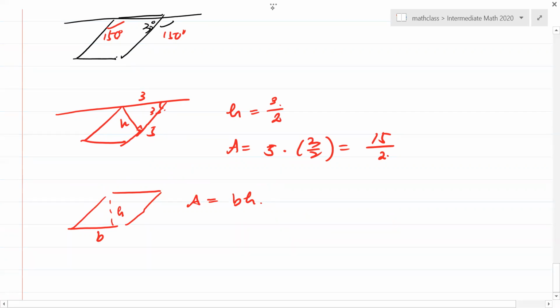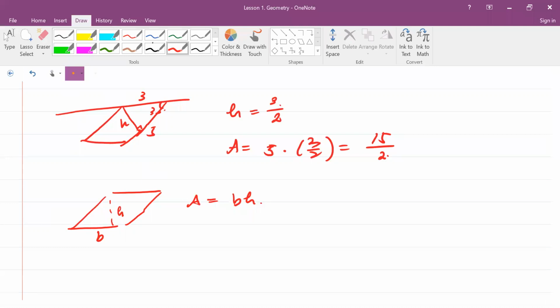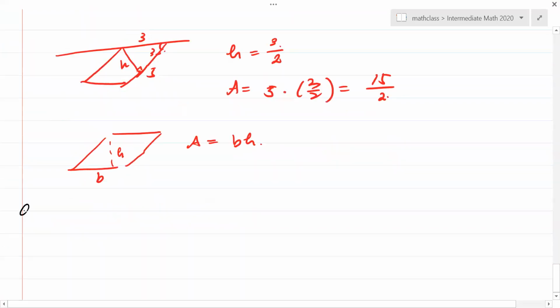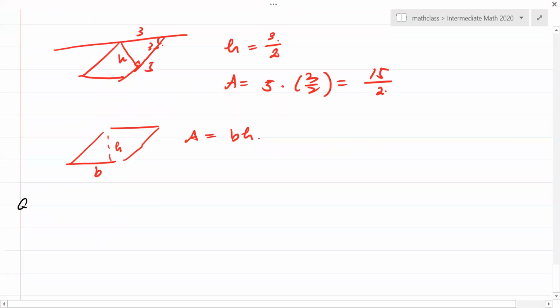All right, so this is how we figure out the area of a parallelogram.